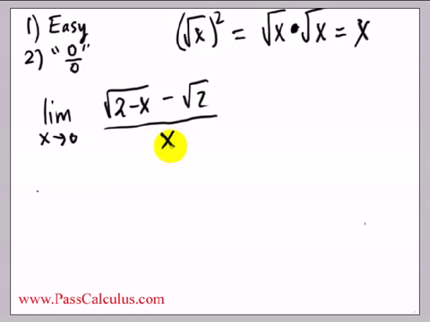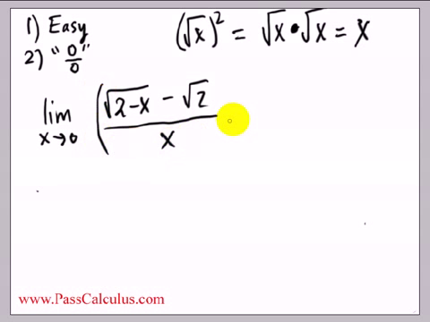Let's put x in real quick to see what we have. When we put x to be 0, we get 2 minus 0, so 2, and so root 2 minus root 2. So the 0 on the top and 0 on the bottom. So it's 0 over 0, so we're type 2. We can't factor this, so we should use the other strategy, which is rationalizing.